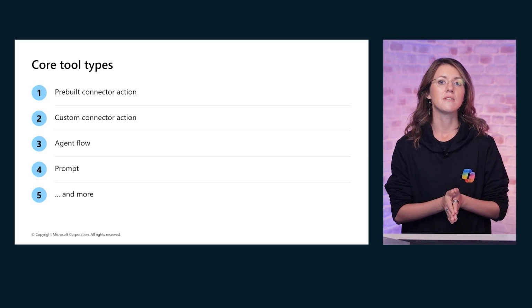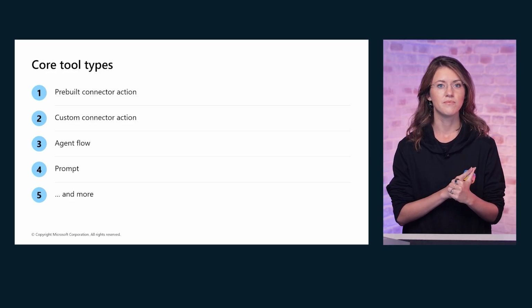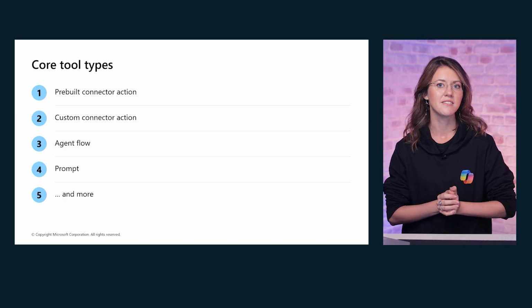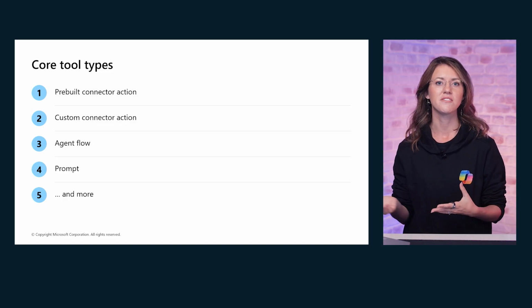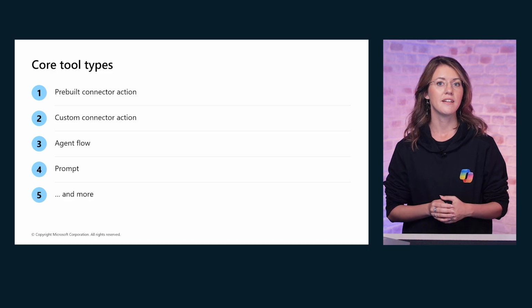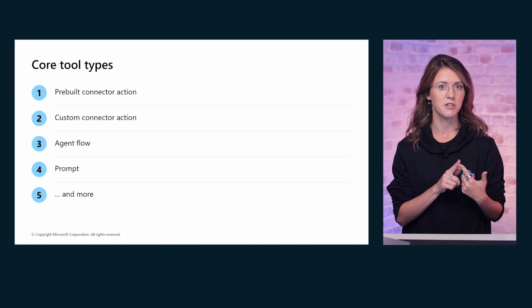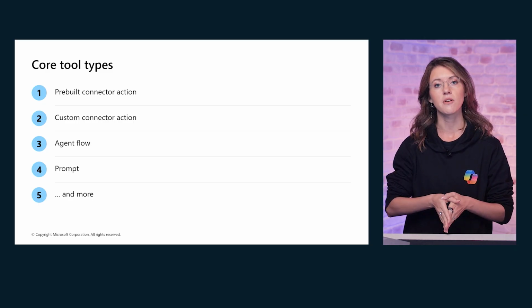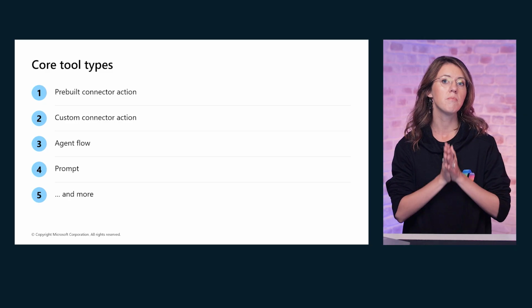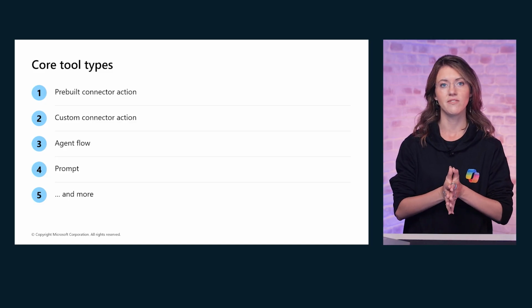You can use the pre-built connectors, which give you access to thousands of popular APIs from Microsoft and other services. You can also create custom connectors to link your agent to specific systems or services using Power Platform connectors.